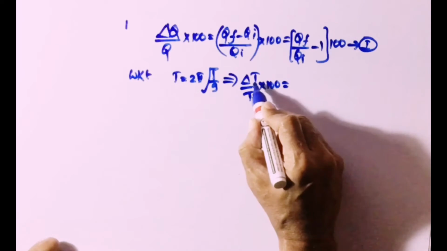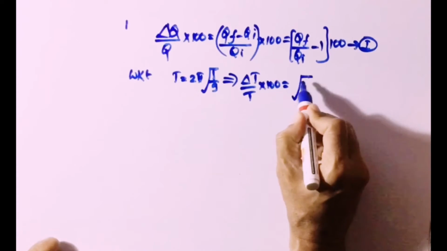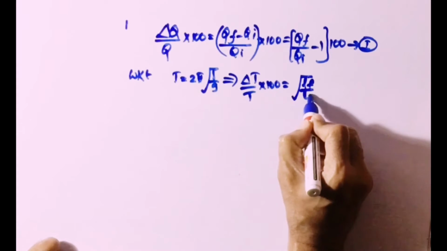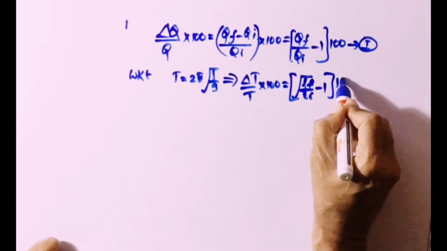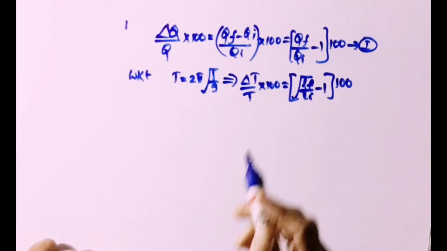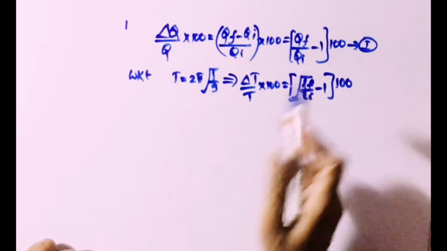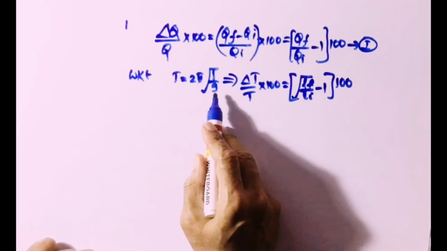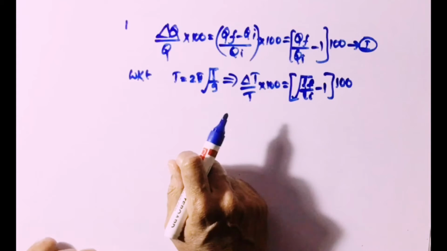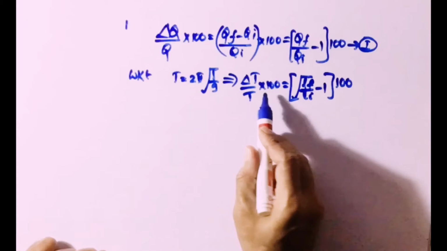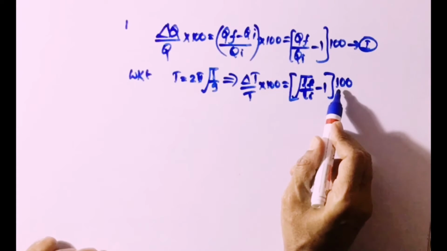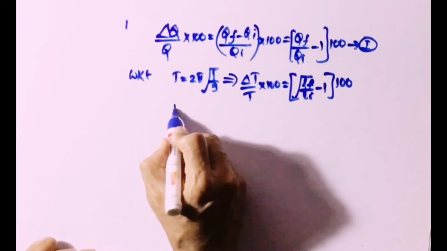So, this can be written as root L final by L initial minus 1 into 100. So, what I did is, I just adopted the format given in equation 1 to the formula in the given question. So, delta T by T into 100 is equal to root L final by L initial minus 1 into 100.